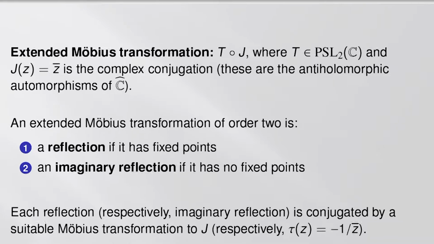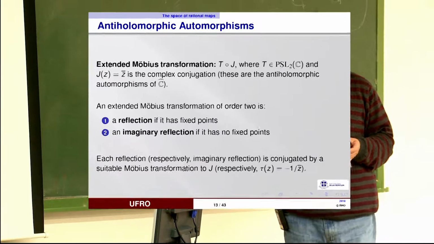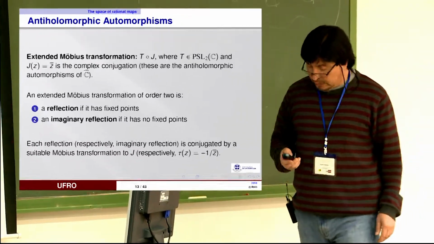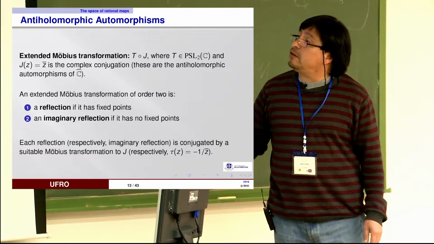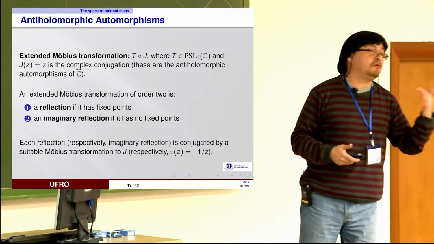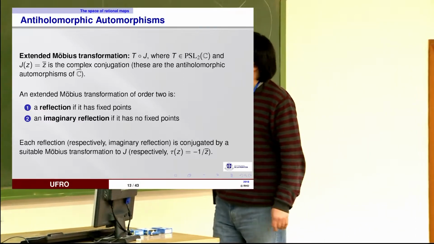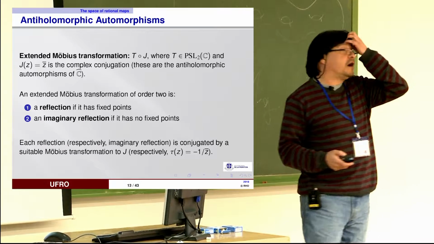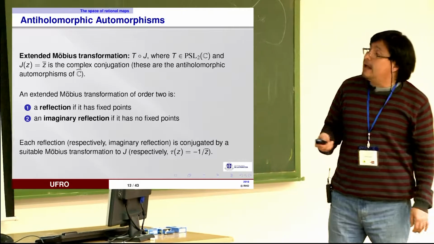We can ask for the same for the moduli space of rational maps. I talk about extended Möbius transformations, the composition of a Möbius transformation with the usual complex conjugation. These are the anti-holomorphic automorphisms of the Riemann sphere.